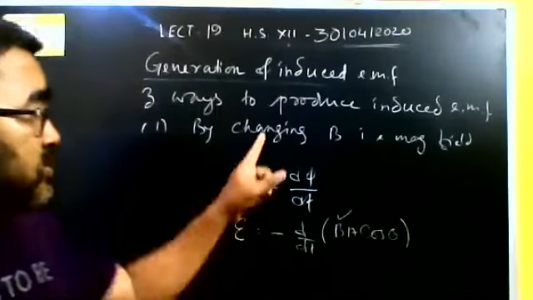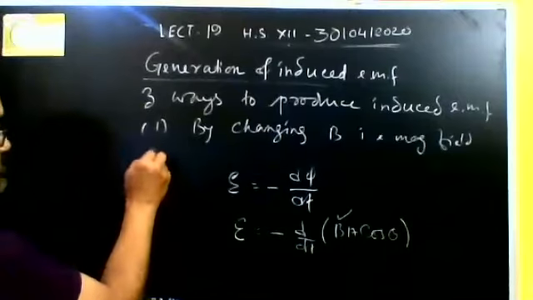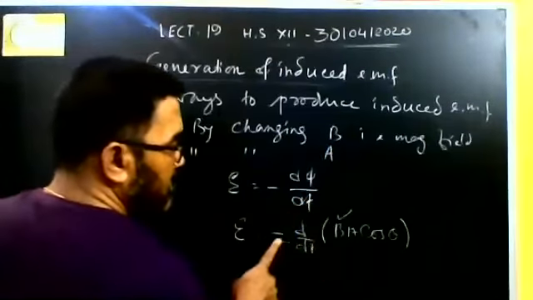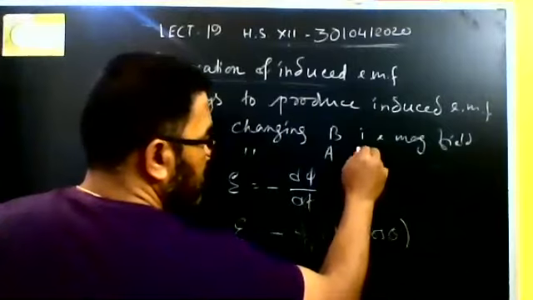One of the ways. Number two, by changing A, the area of the coil.